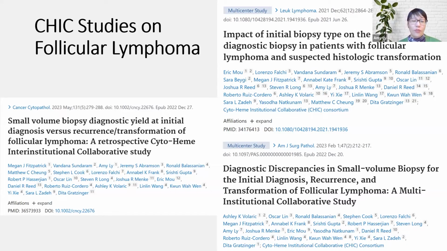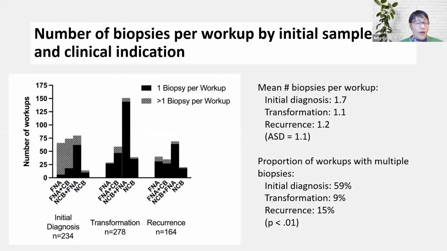And we've published several papers on follicular lymphoma specifically in both the primary and recurrent setting, and looking at its utility for diagnosing histologic transformation of follicular lymphoma. So we found that the average number of biopsies per workup was 1.7 for initial diagnosis, and then 1.1 for transformation, and similarly for recurrence.